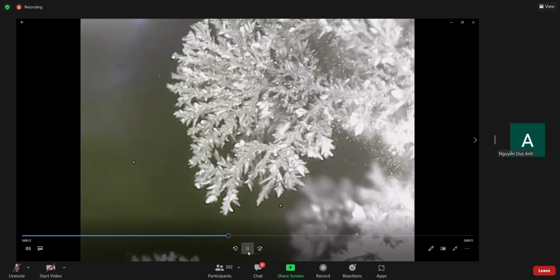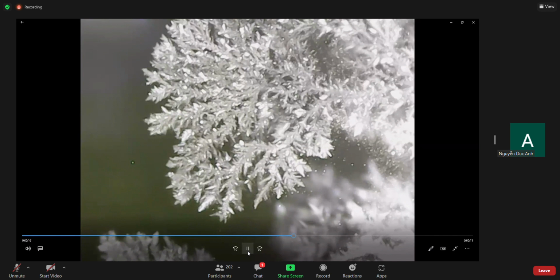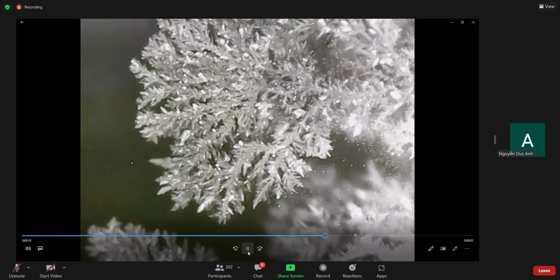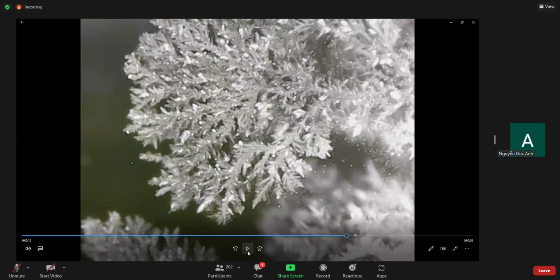So in this process, the redox reaction takes place between copper and silver nitrate.